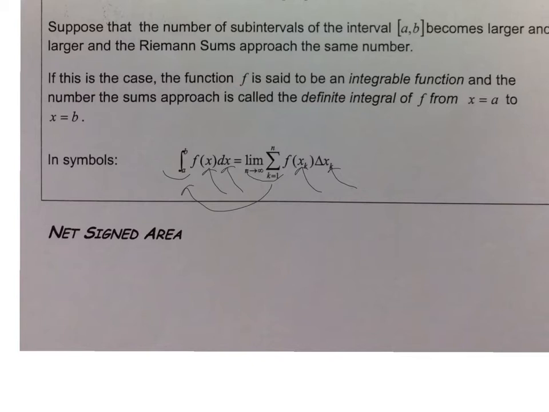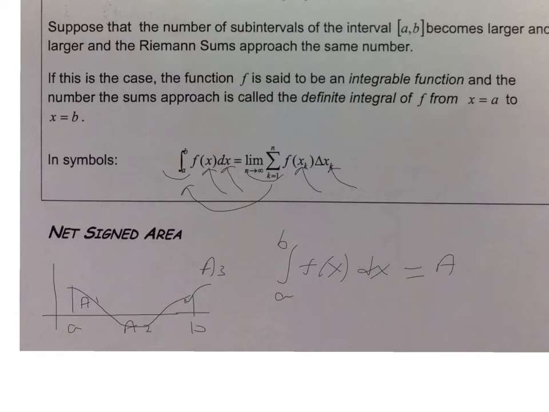We talked about net signed area before, as we're talking about the integral. Since the integral is the product of f of x times delta x, if the function is crossing the x-axis and has positive and negative values on the interval from a to b, so let's say we have a piece with the area a sub 1, another piece with the area a sub 2, and a third piece with the area a sub 3, then the integral from a to b of f of x dx will give us a net signed area.